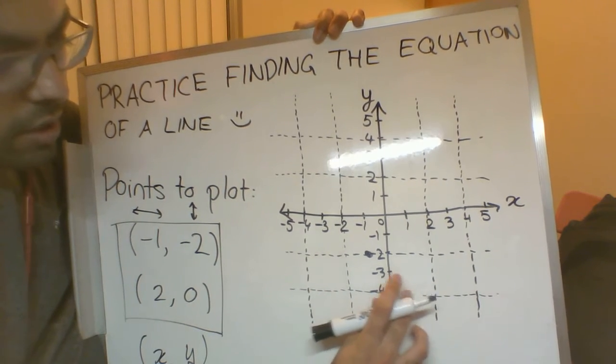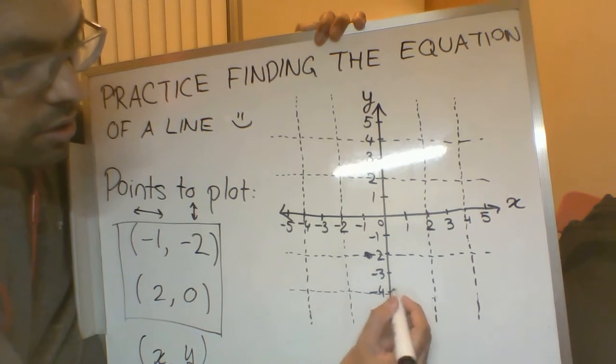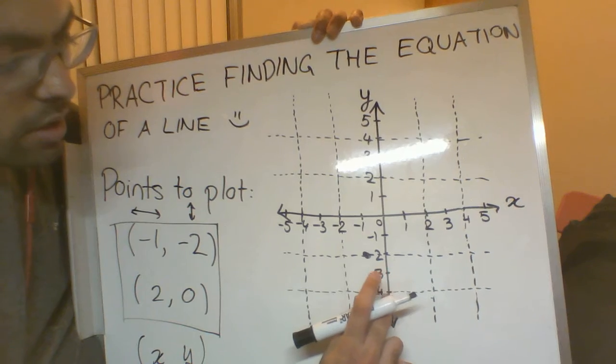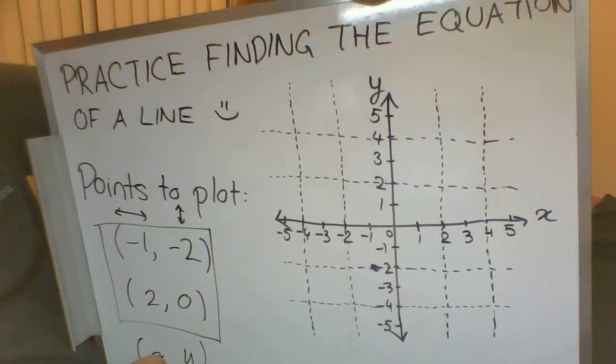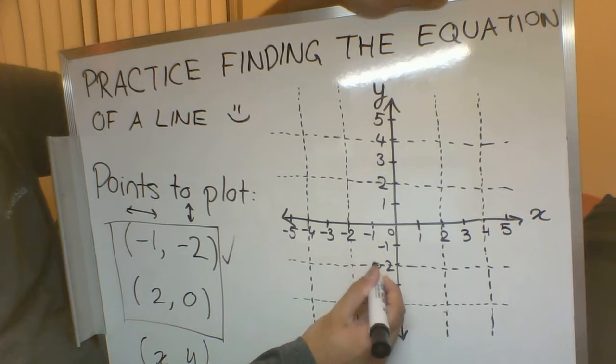And that one kind of missed the number, but we're not really using the space down here anyway, so don't worry too much if your grid lines happen to be slightly out of line with the numbers. But there we go, we got something like that, and we've plotted our first point. -1, -2 is right about here.